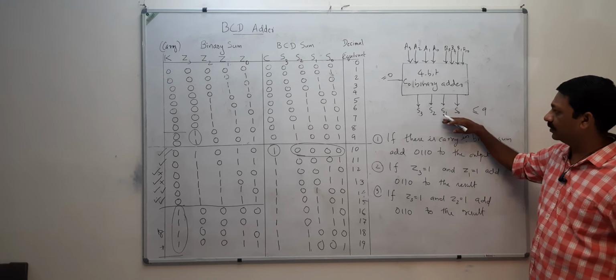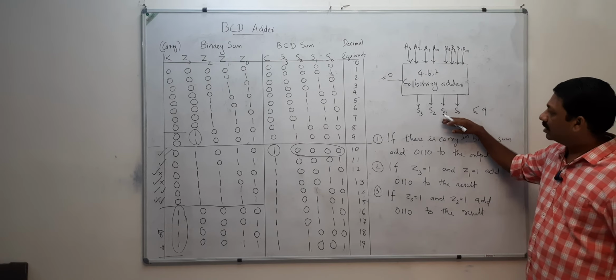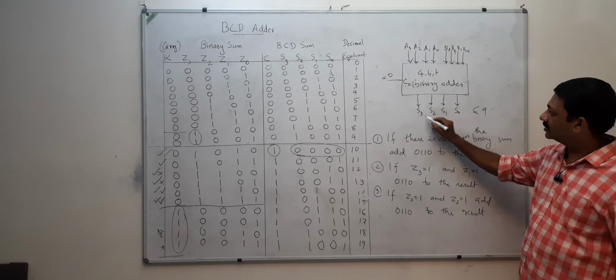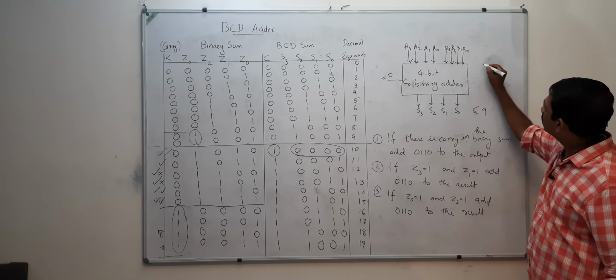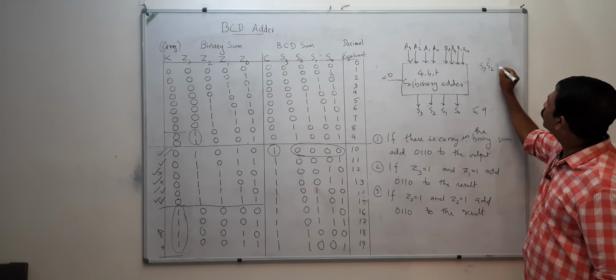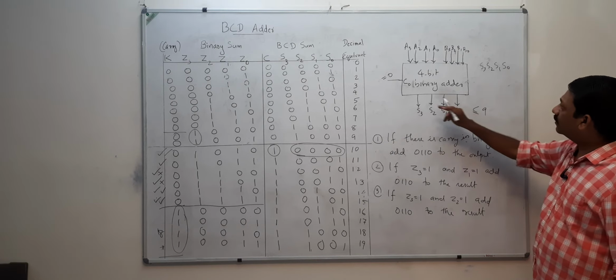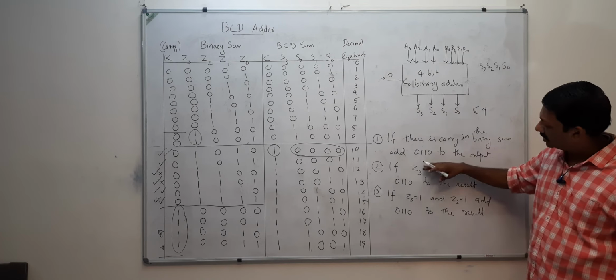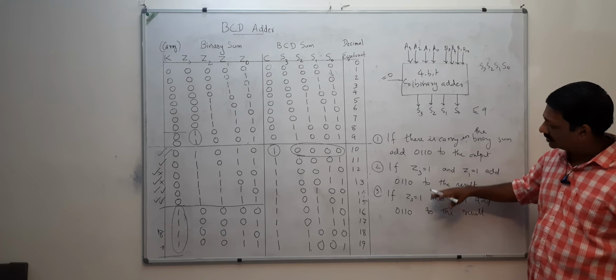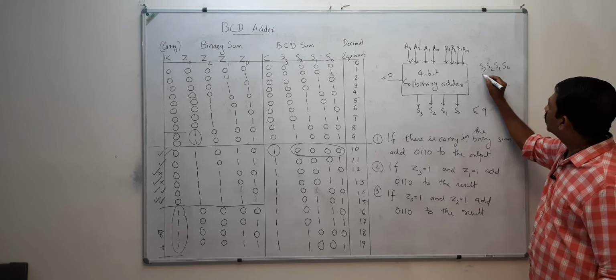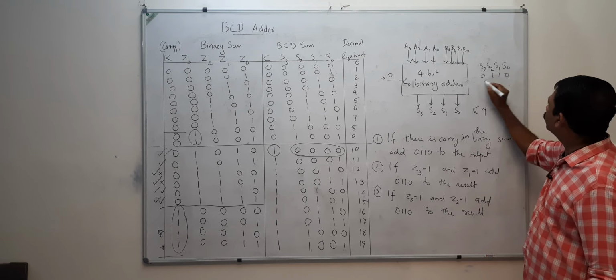Again, we are going to give, and that binary adder is adding this, and that means S3, S2, S1, S0. And if any one of the three conditions is satisfied, then add 0, 1, 1, 0 to this.